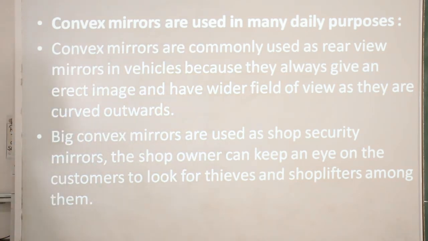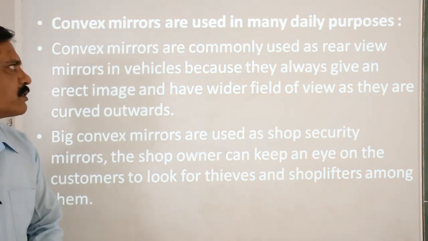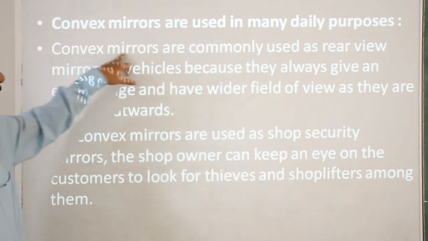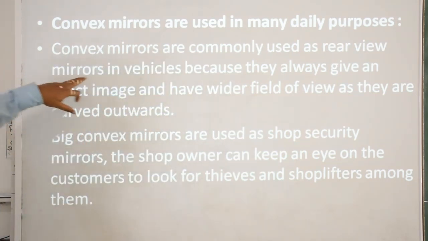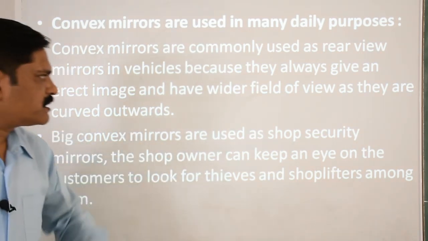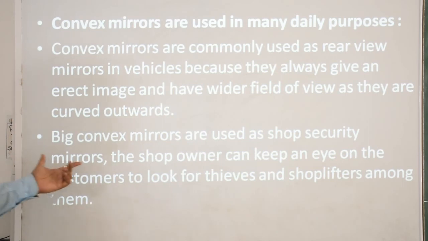Now we are going to discuss the uses of the convex mirror. First of all, it is very commonly used as a rear view mirror in vehicles, because it always gives an erect image and a wider field of view. And big convex mirrors are used as shop security mirrors.